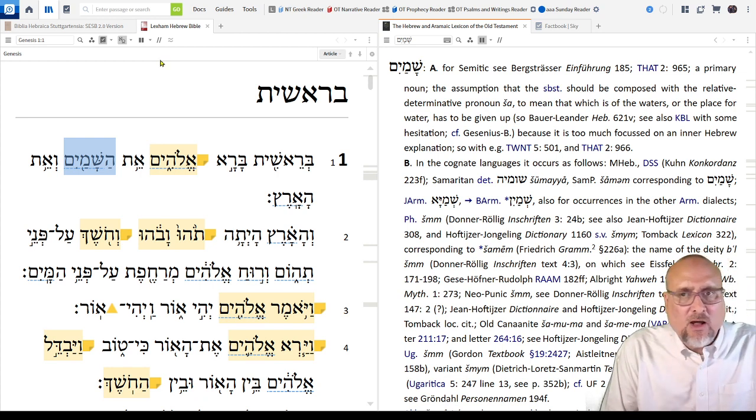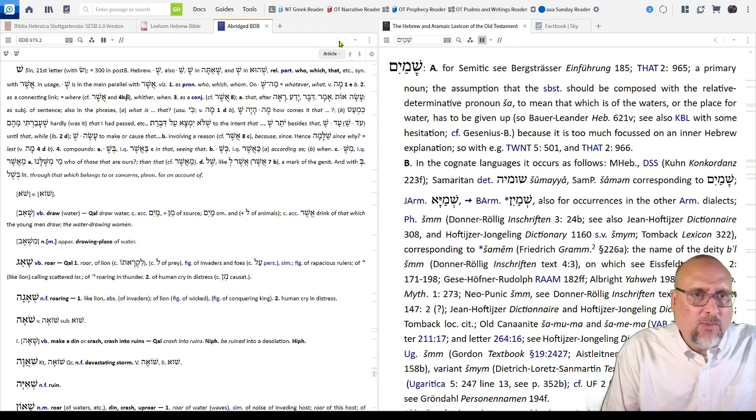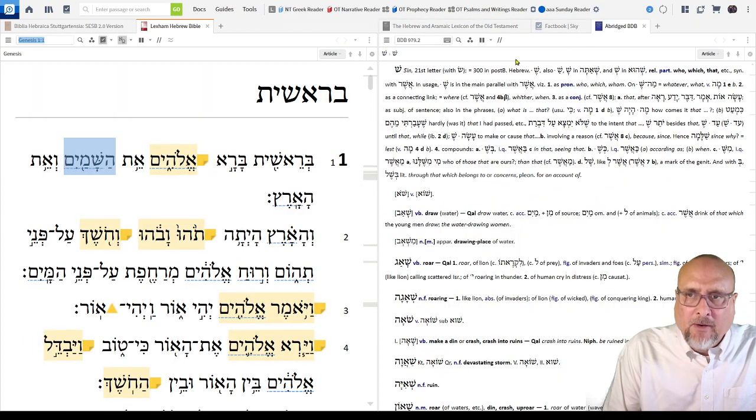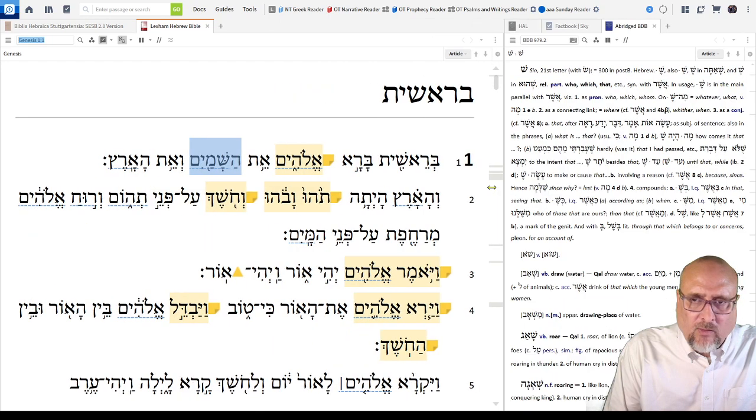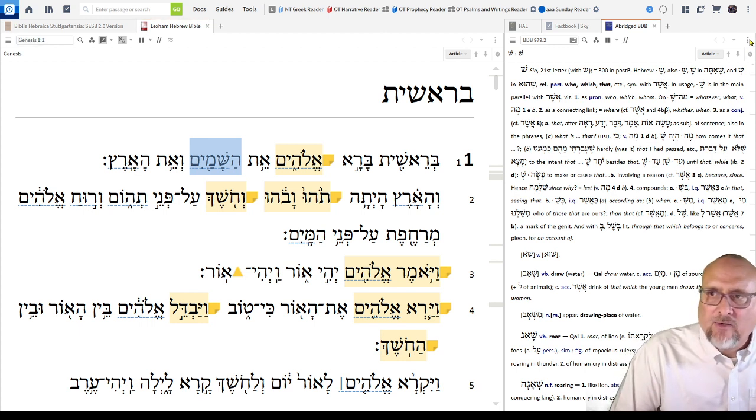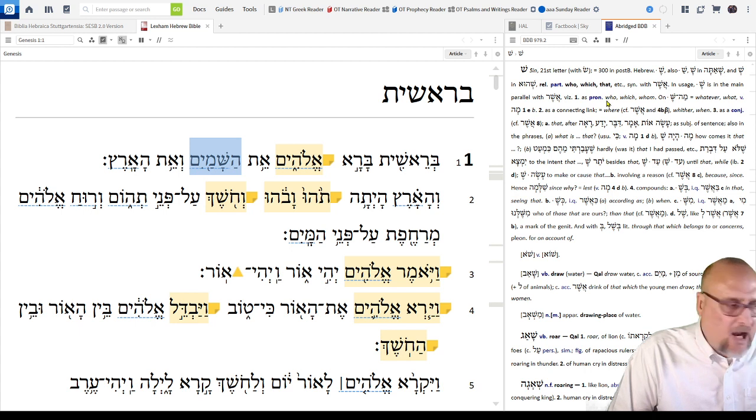So what you do is you do Brown Driver Briggs, and the way I have done it is you go to your lexicon, whichever lexicon you want to use, and you want to do the send hyperlinks here.